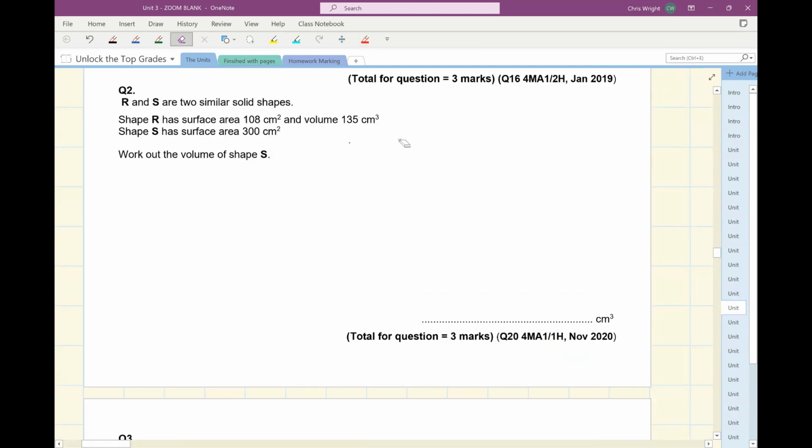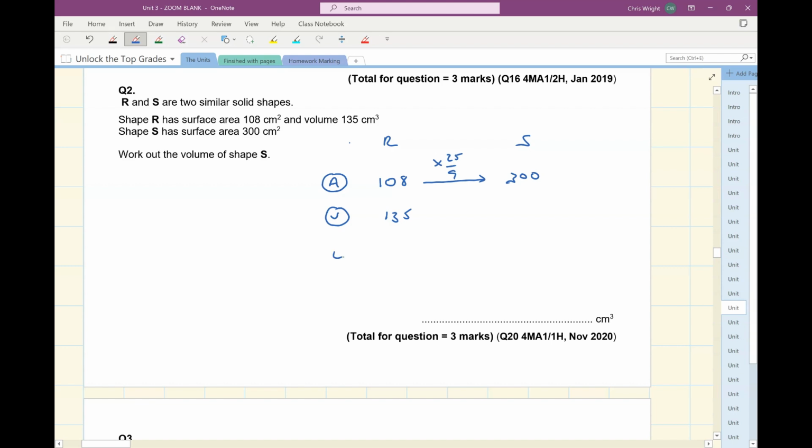Question 2. I'm given R and S, two similar shapes. Shape R has a surface area of 108 and a volume of 135, and shape S has a surface area of 300. Right, well I can work out the area scale factor. 300 divided by 108 is 25 over 9.